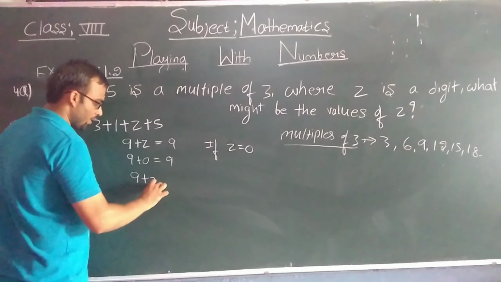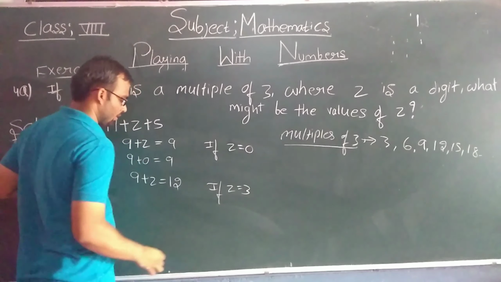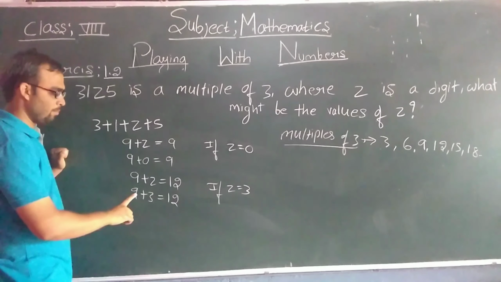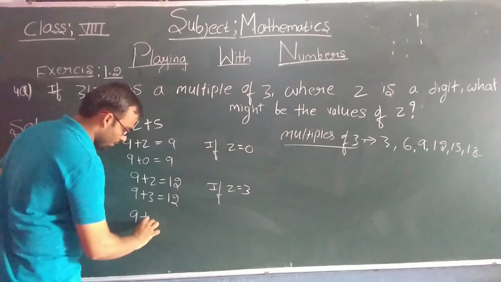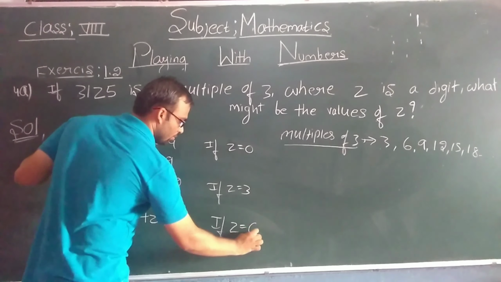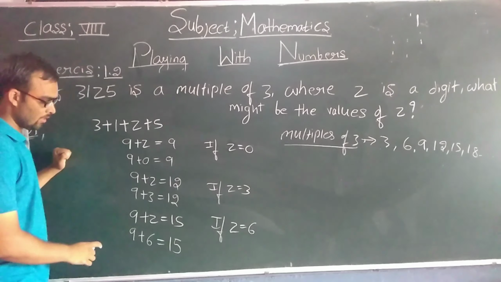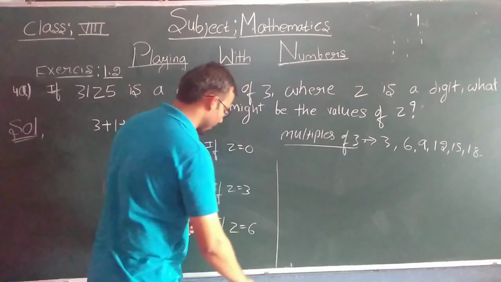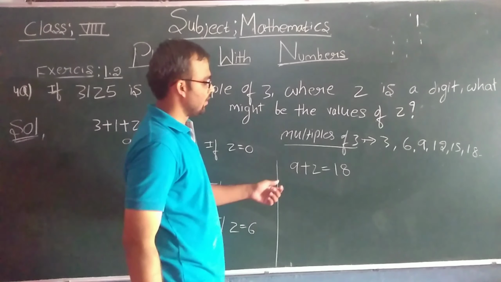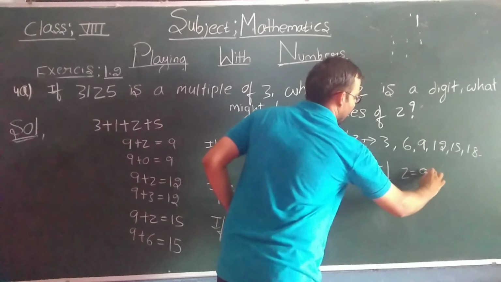Again, this 9 plus z will be equal to 12 if z is equal to 3. Again, this 9 plus z will be equal to 15 if z is equal to 6. Next, this 9 plus z will be equal to 18 if z is equal to 9.